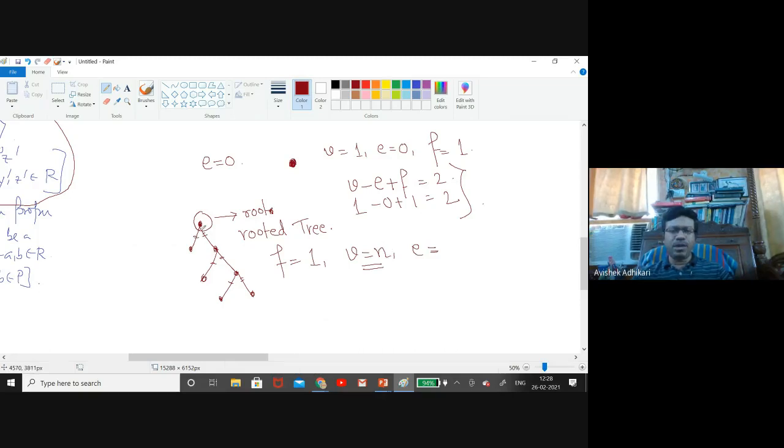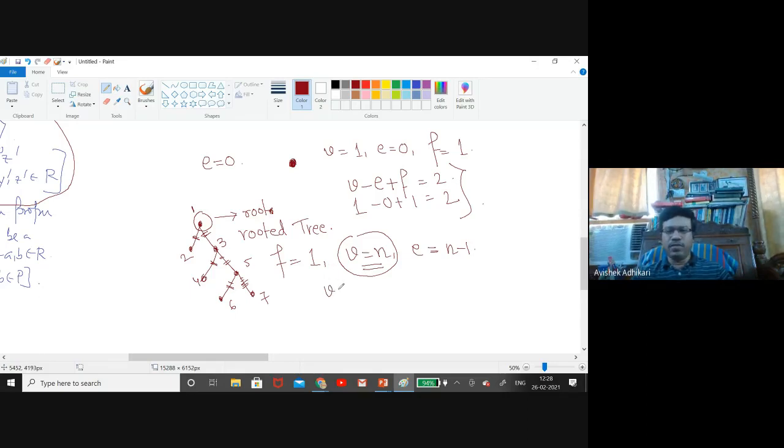For example, how many vertices are there? One, two, three, four, five, six, 7. Now how many edges are there? One, two, three, four, five, 6. If n is the number of vertices, how many edges will be there in a tree? Last class we discussed it. It should be n minus 1, right?